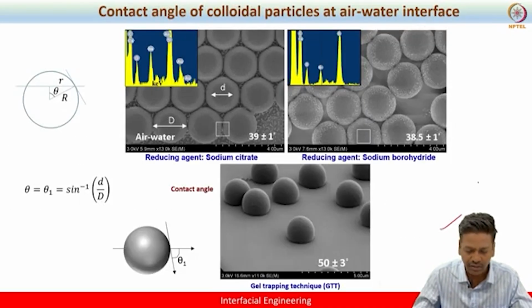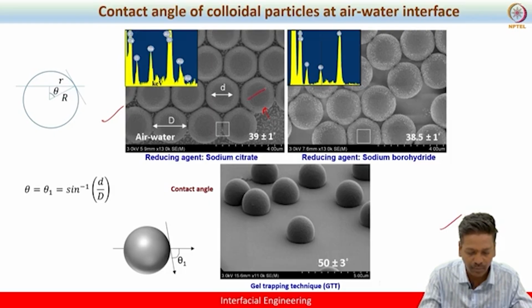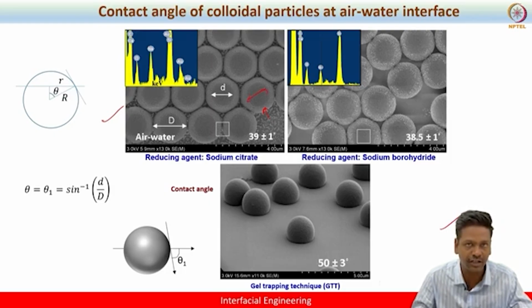Now we'll see how this measurement is done. You can see that for the air-water interface case, this is how the scanning electron microscopic image looks. The shiny part is the deposition. It indicates that nanoparticle deposition has been done, whereas the dark part represents that no such coating has been done.